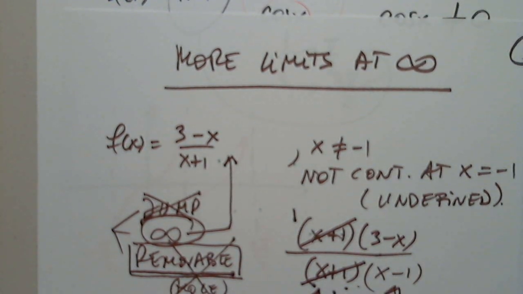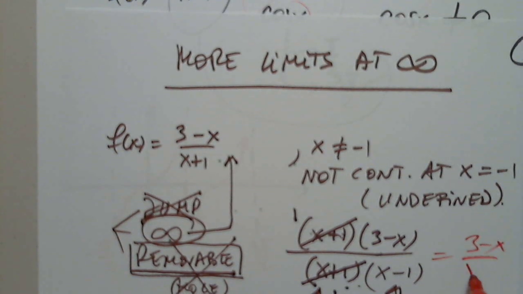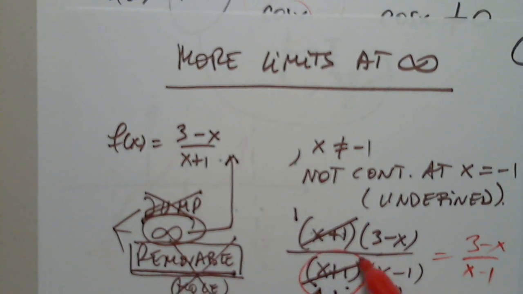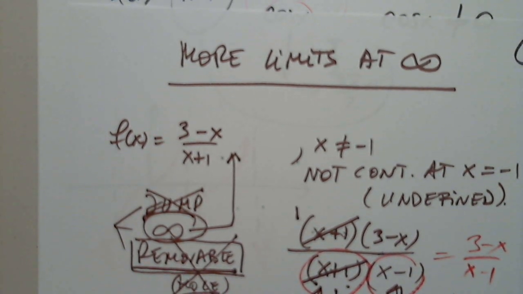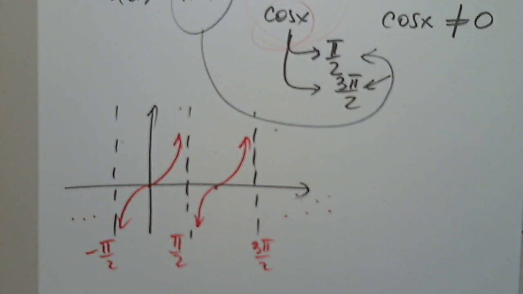This function is undefined at two x values, -1 and 1. Even if it simplifies, let's say, to 3 minus x over x minus 1, it is still undefined at plus or minus 1, one being a hole and the other being a vertical asymptote. Okay, thank you. Very good questions.